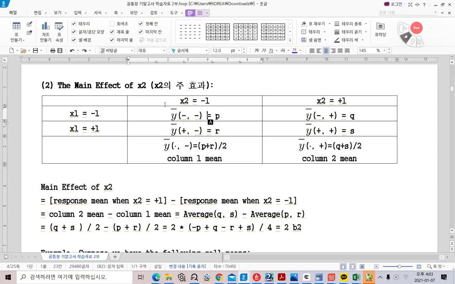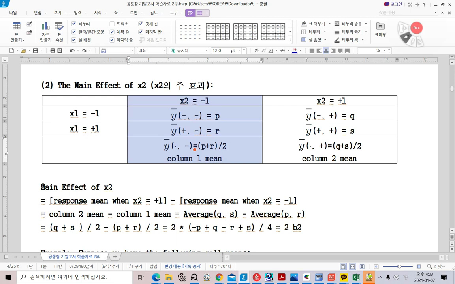Okay, so let us compare the response mean when X2 is positive 1 and response mean when X2 is negative 1. So we are going to compare the mean at column 2 with mean at column 1.